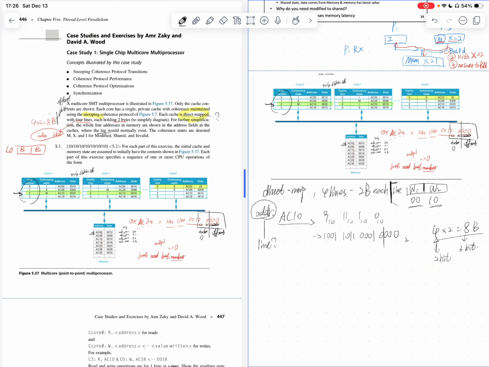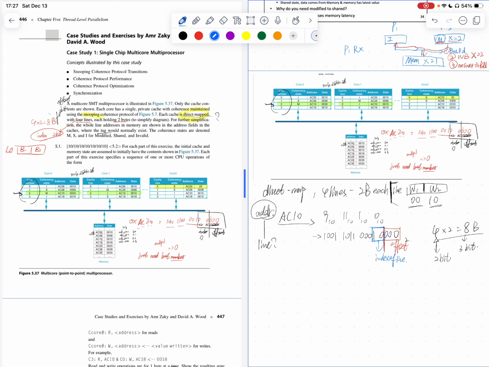So the last three, I will say these 3 bits will be the offset, and the 4th and 5th here will be the index of line.